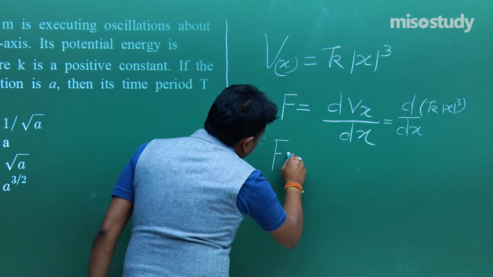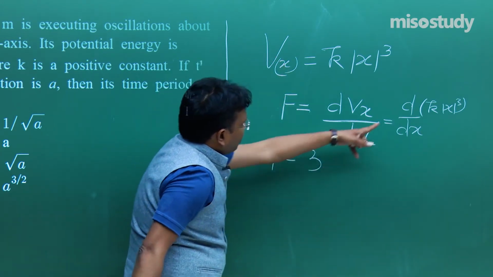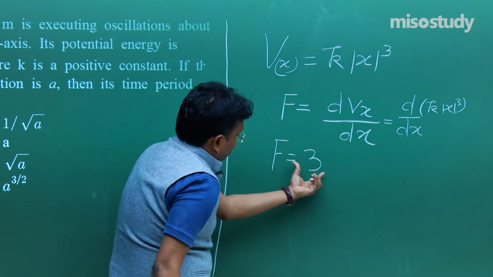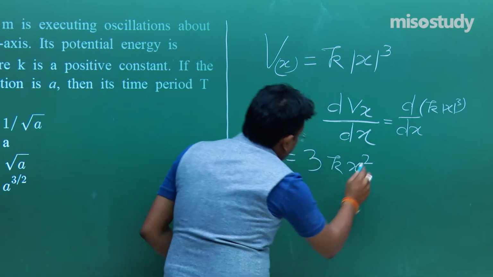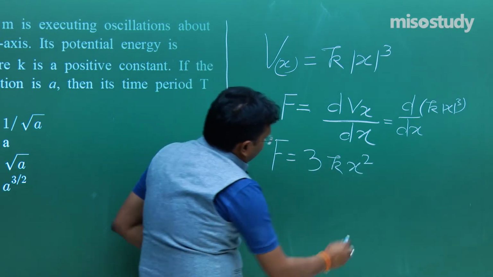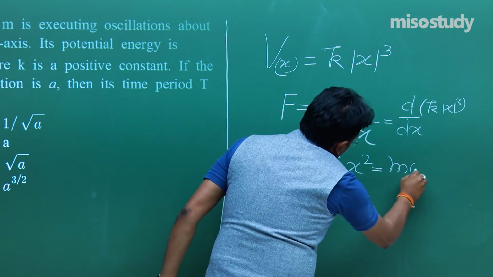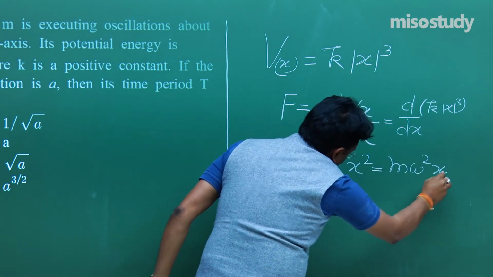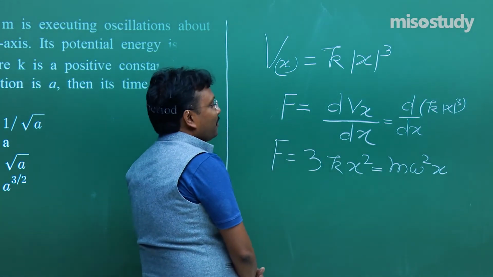So F is equal to 3, then k, this constant, 3kx square. So F is equal to 3kx square and it's equal to nothing but m omega square x. How? Yes.